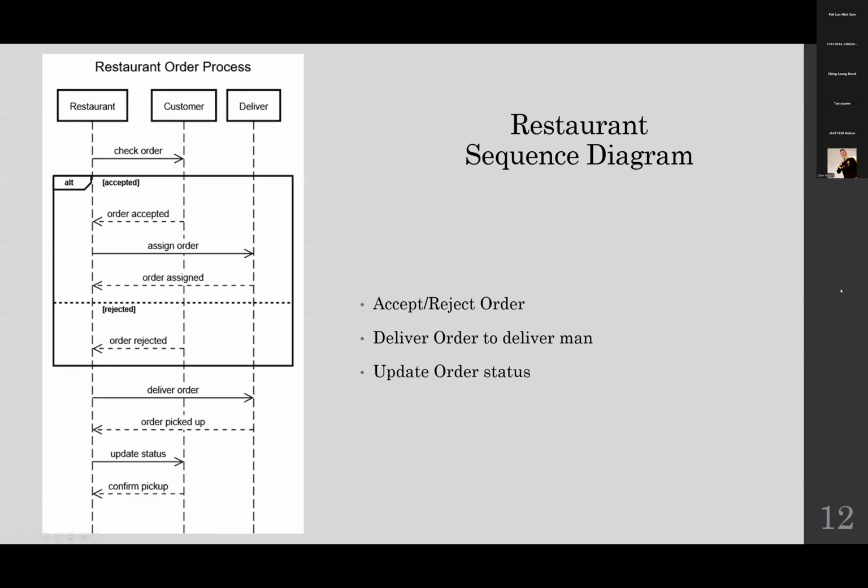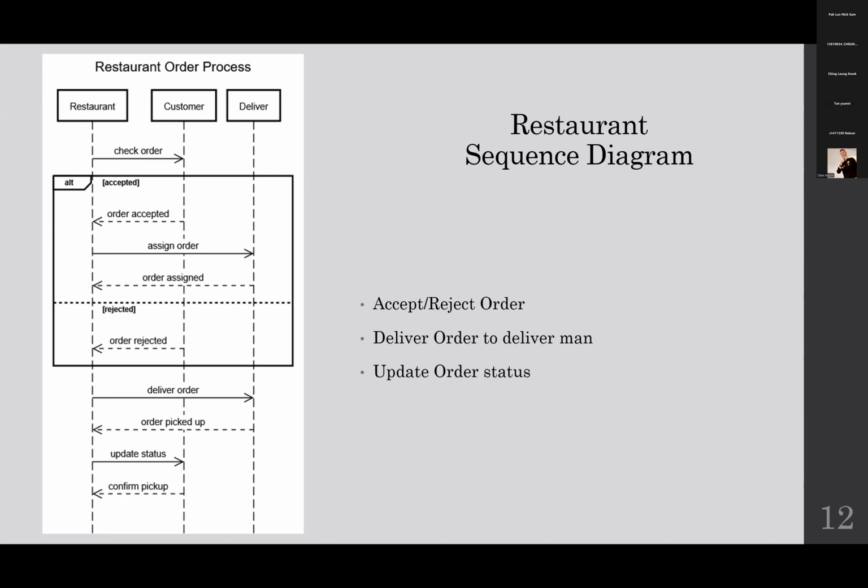So next up is the restaurant sequence diagram. Once the restaurant receives the order from the customer, the restaurant can either accept the order or decline the order. It depends on whether they have enough ingredients or not.